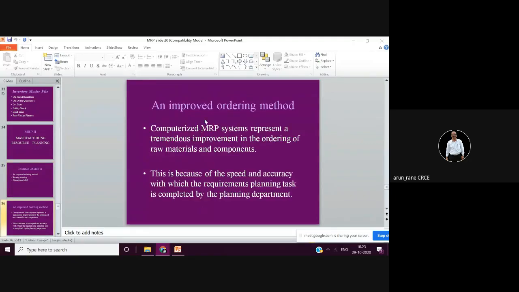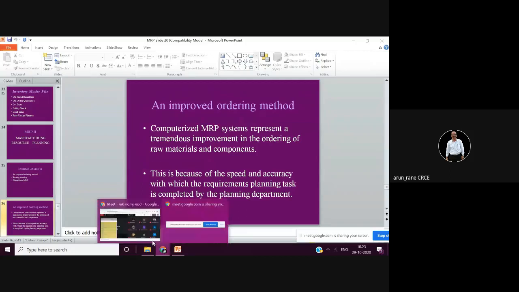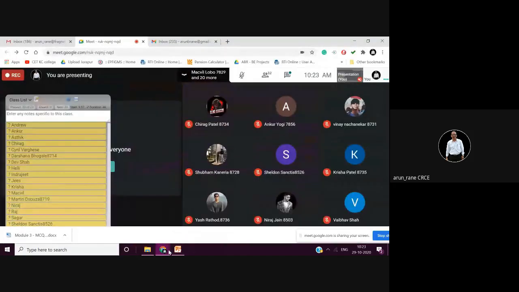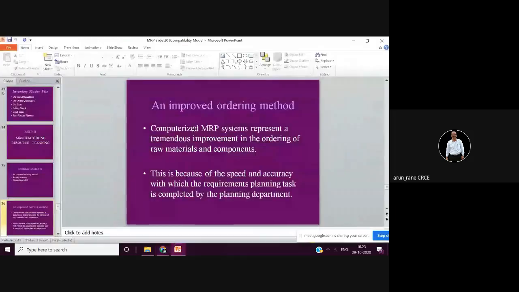So what is improved ordering method? Improved ordering method is your computerized MRP systems that represents a tremendous improvement in the ordering of the raw materials and components. So it's totally computerized.